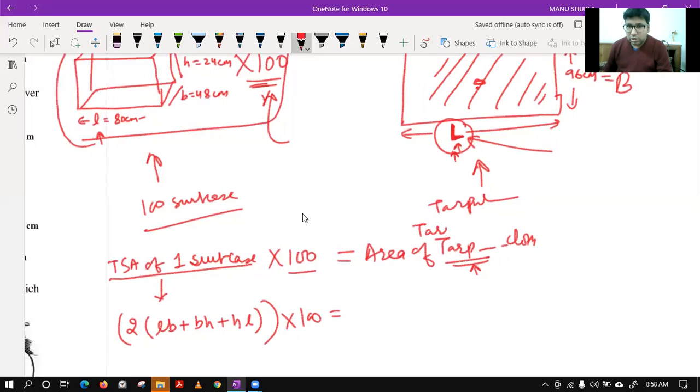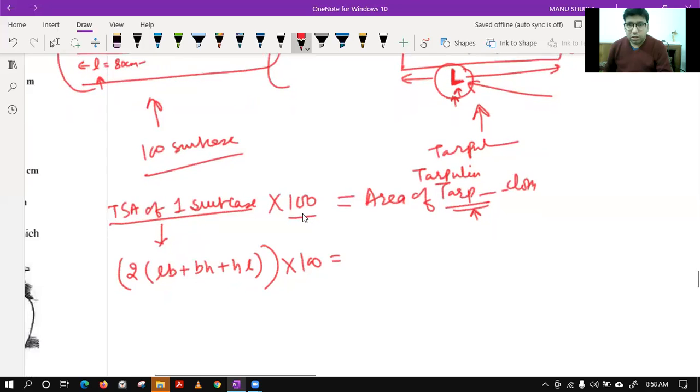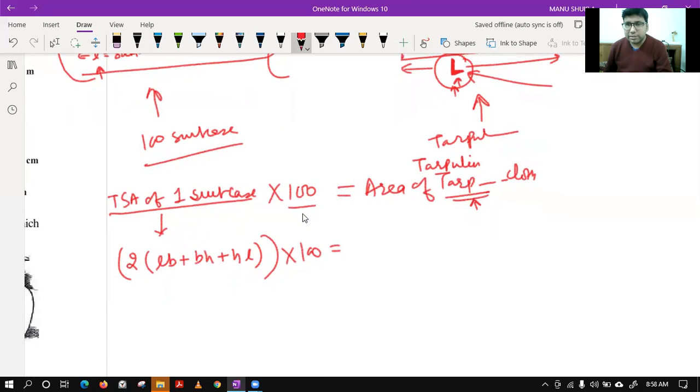Okay. Now area of tarpaulin cloth is what? L into B. Class, if I take it as small l and small b, will this be good? I have taken small l, small b for this cuboid or the suitcase that we are having. If I take the same dimensions for this also, will that be good?